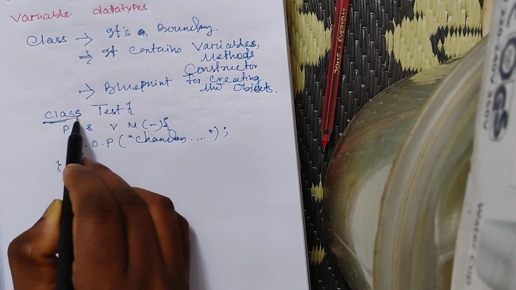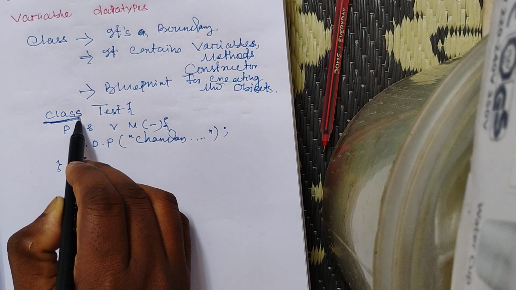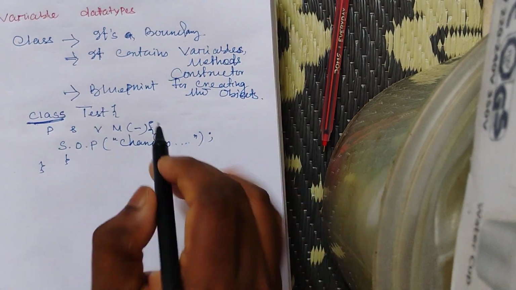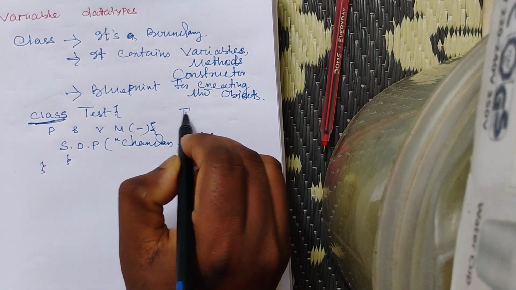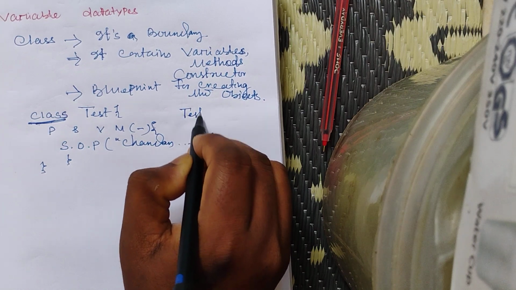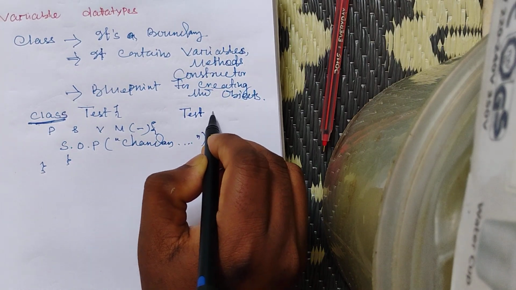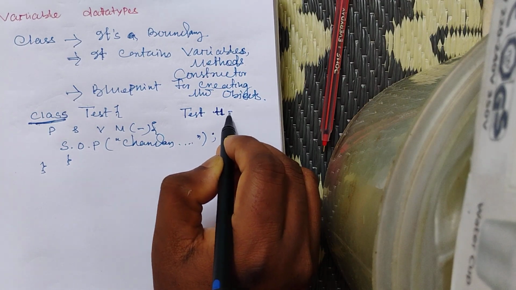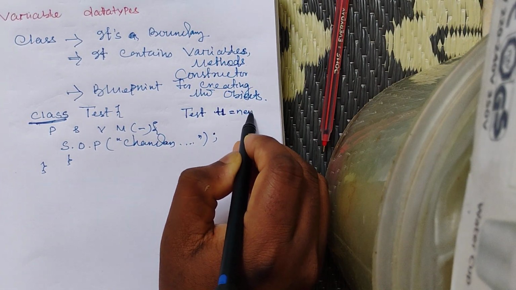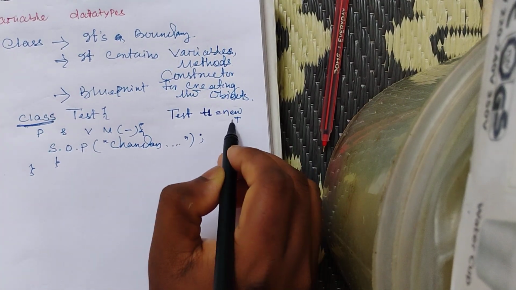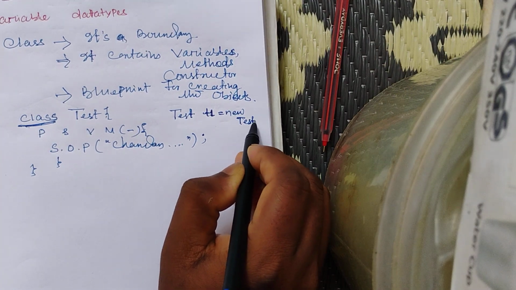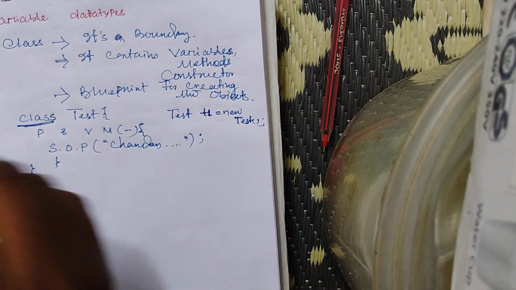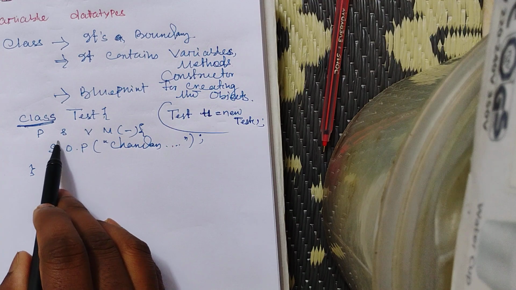You can create an object of this class. How can I create it? To create an object, we have to write like this: class name Test, one variable name, the reference variable. Suppose I am taking t1 is equal to new Test.